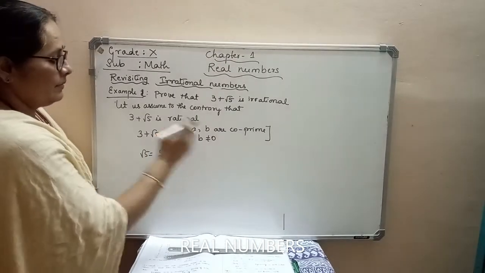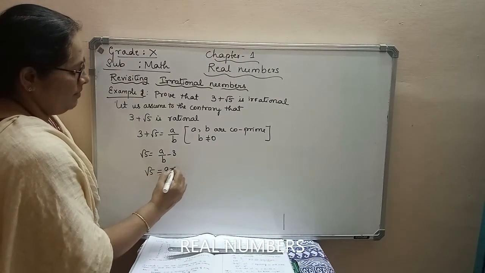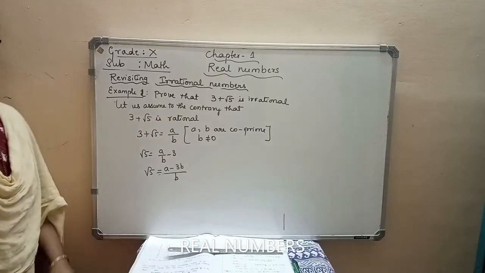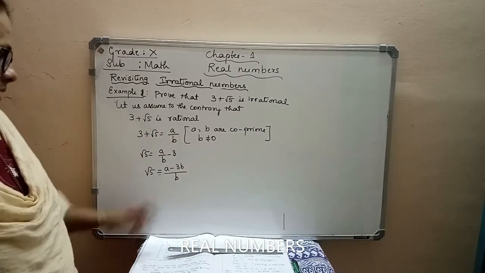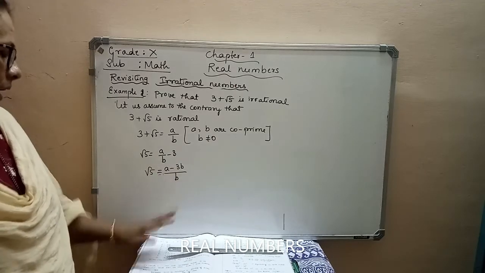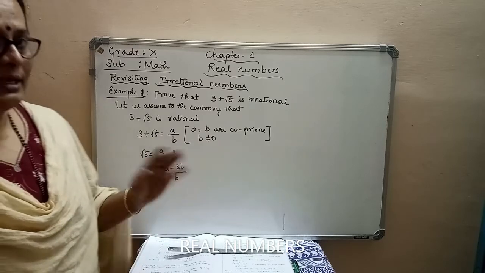So shift 3 to the right side. So root 5 equals a minus 3b by b. Now in this equation, a and b are co-prime positive integers. Now a minus 3b by b is a rational number.